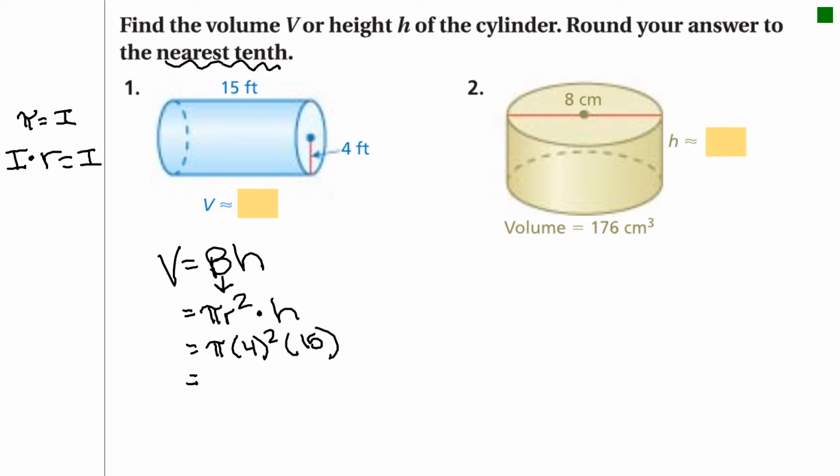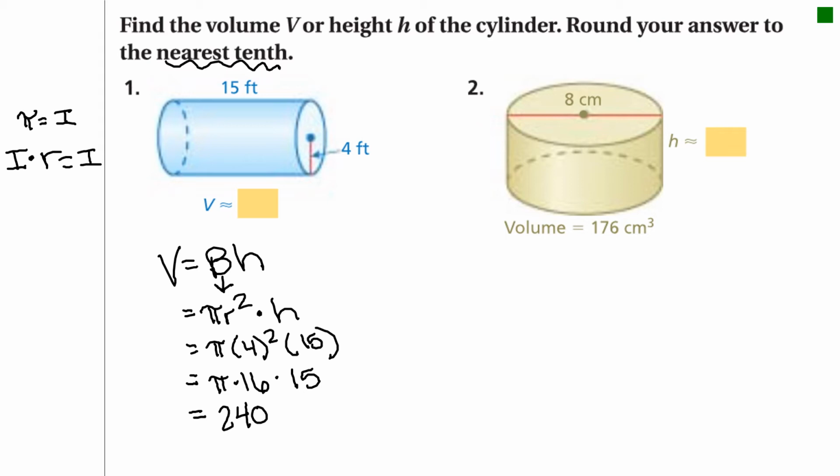All right, so I'm going to save pi to the very end because, again, it's this irrational number, crazy, no pattern. Okay, so 4 times 4 is 16, pi times 16 times 15. All right, I'm going to do 16 times 15 next, and that is 240.